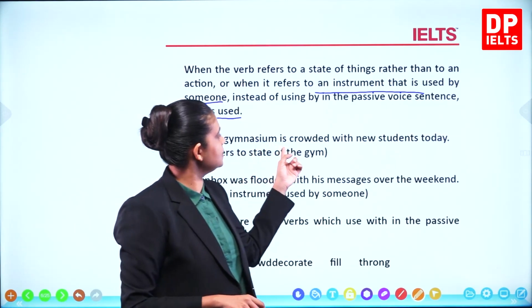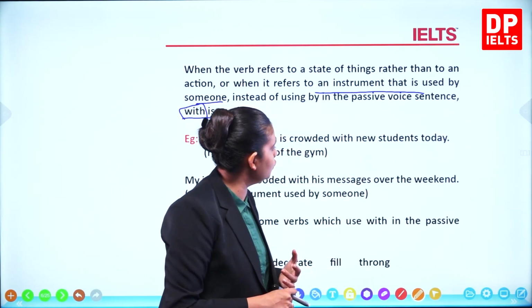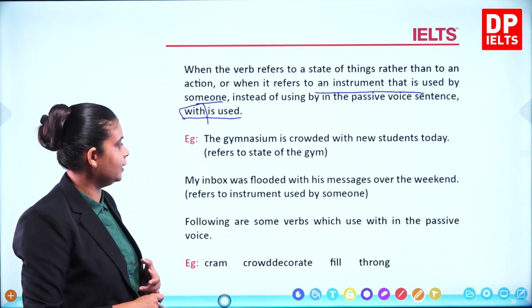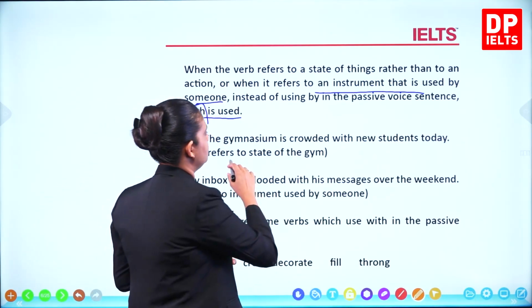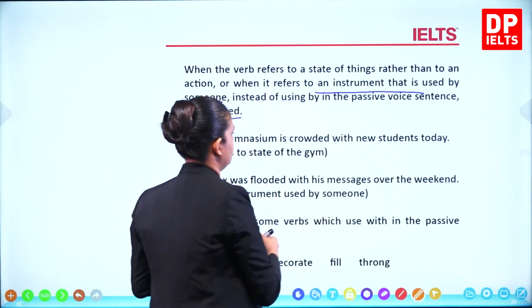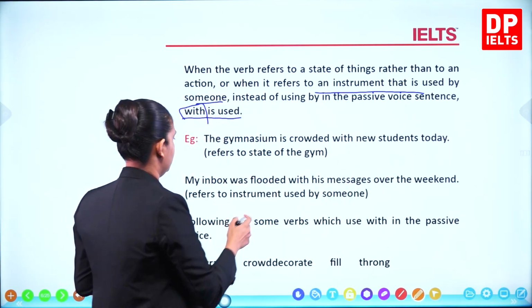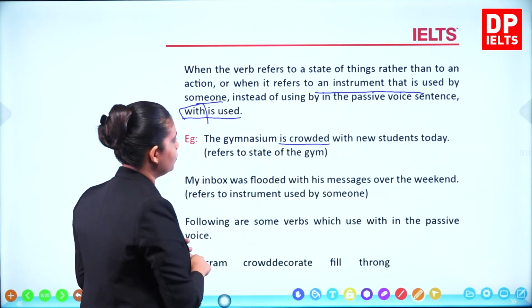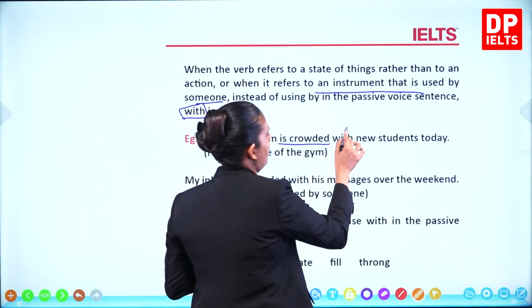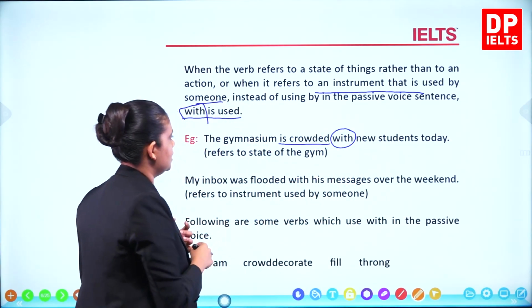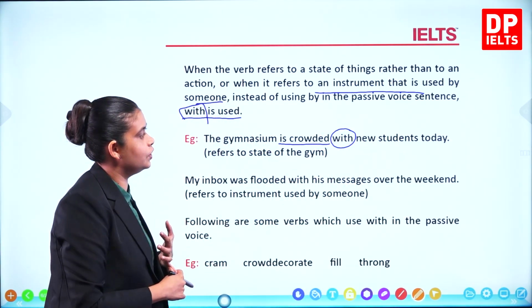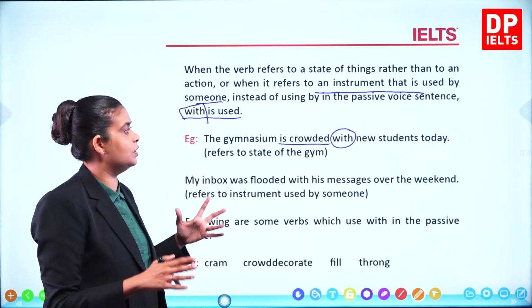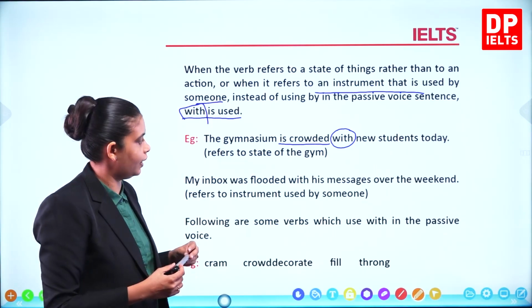The gymnasium is crowded with new students today. Okay. The gymnasium is crowded with new students today, right? So here, is crowded. You don't say by new students, you say the gymnasium is crowded with new students today. You don't say the gymnasium is crowded by new students today, right?